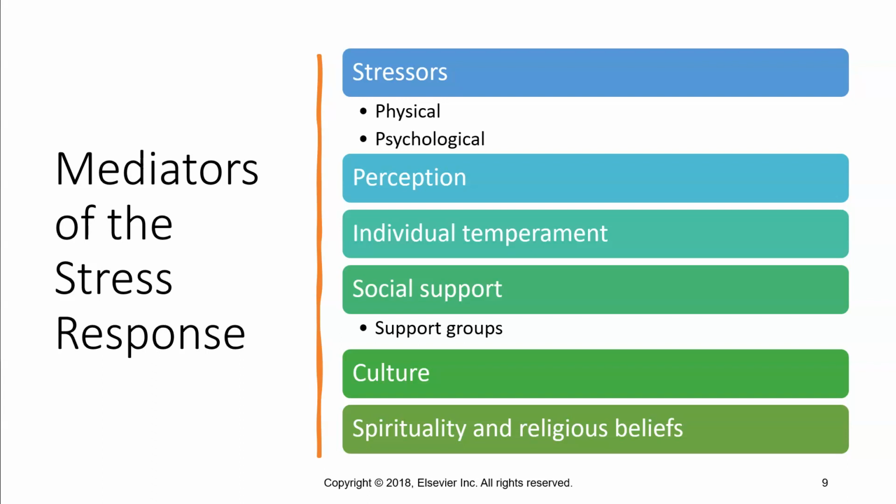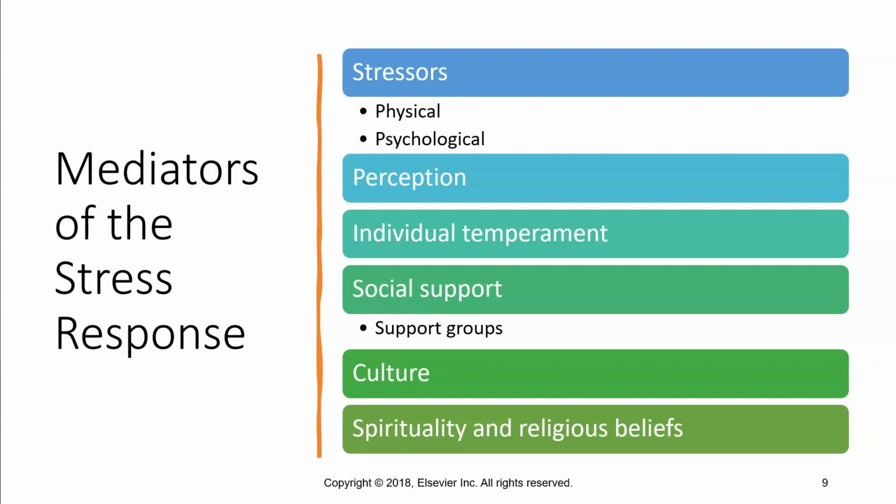If someone has strong support from their significant other, family, and friends, that enhances their mental and physical health and can act as a buffer against distress. Culture: each culture emphasizes certain problems of living more than others, but also interprets emotional problems differently. And then spirituality and religion help people cope with stress.